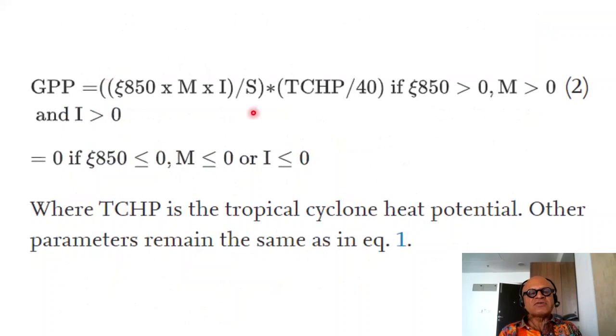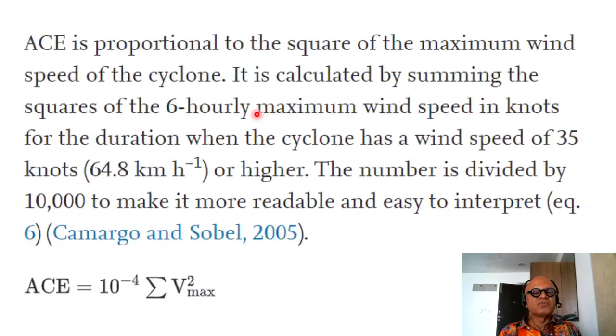There are new ideas from the Chinese group, which also includes total heat content, cyclone heat potential in the ocean, tropical cyclone heat potential, in the ocean, which they argue captures some of the things better, and I like it as well. So just keep that in mind. ACE is a concept defined by Kerry Emanuel, is proportional to the square of the maximum wind speed of the cyclone, as you can see here.